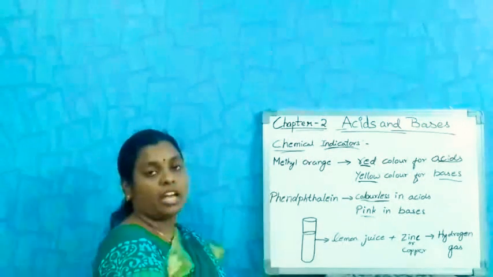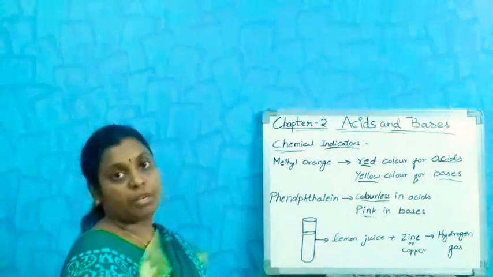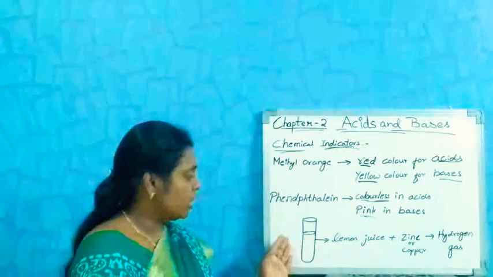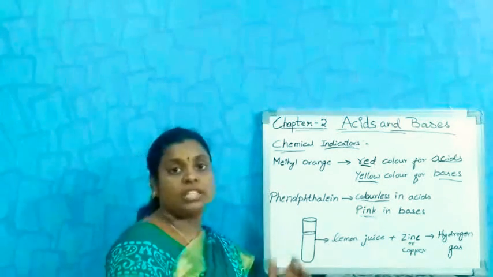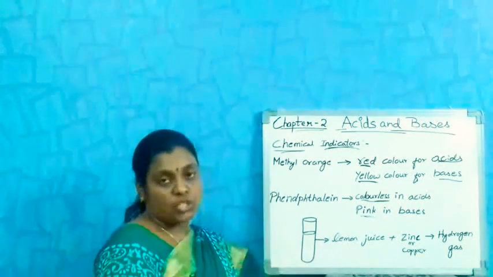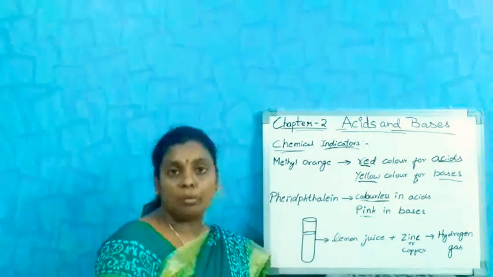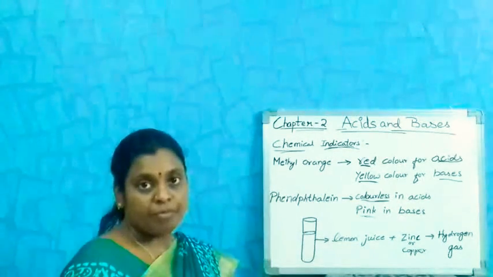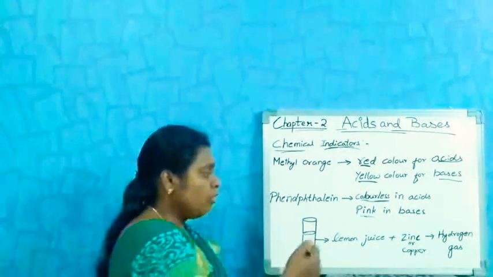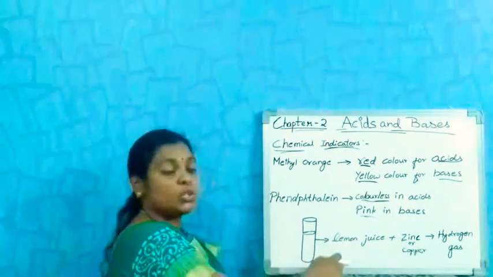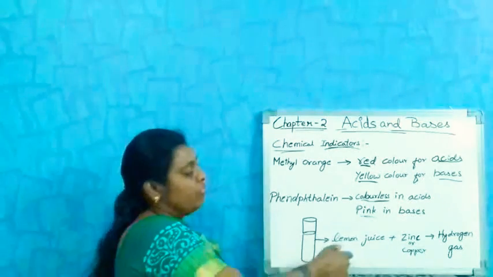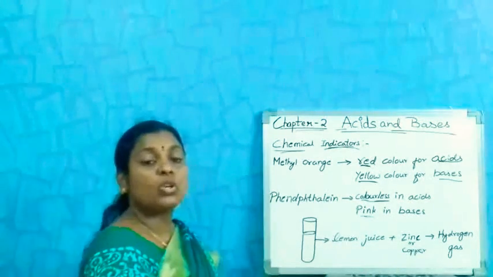For that, I want to show an experiment. If you take some lemon juice in the test tube, add few pieces of zinc, copper, aluminium, brass. Here the lemon juice is an acid, whereas copper and zinc are metals.